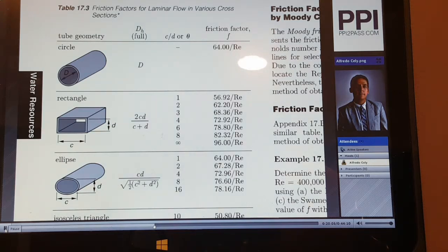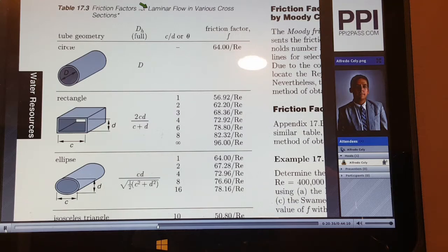Note how we have the calculation of the friction factor based on different types of pipe geometry. And this is only for laminar flow. Let me highlight that. Only applicable for laminar flow. Look at the different friction factor equations based on a circular pipe, a rectangular pipe, an elliptical pipe. And there are more geometrical shapes further down in the table.